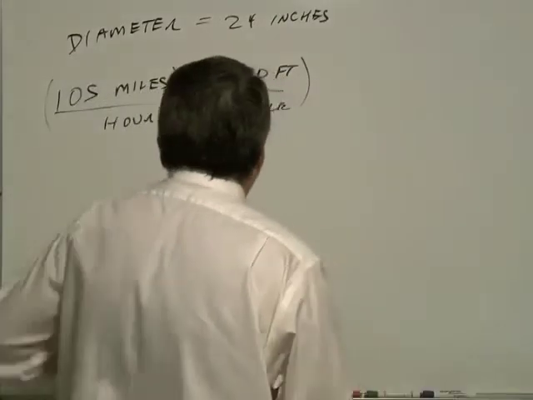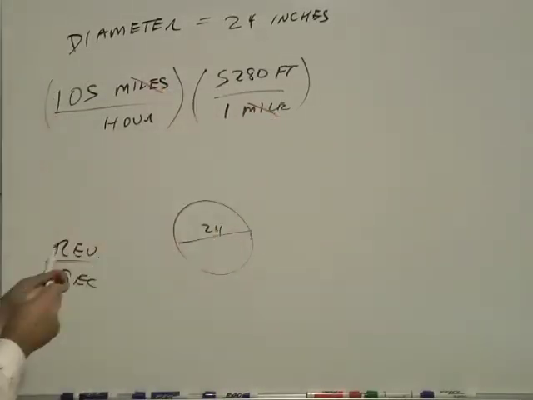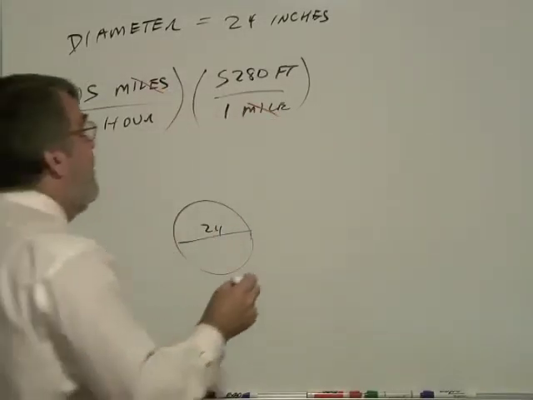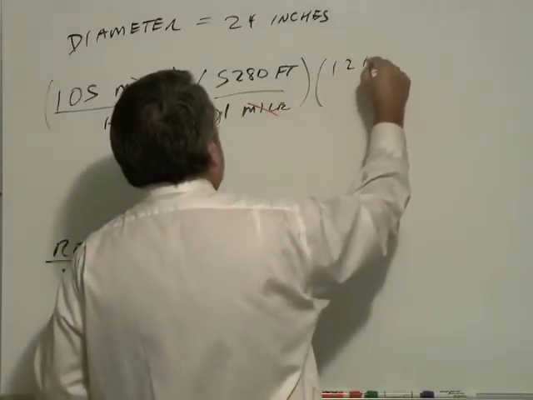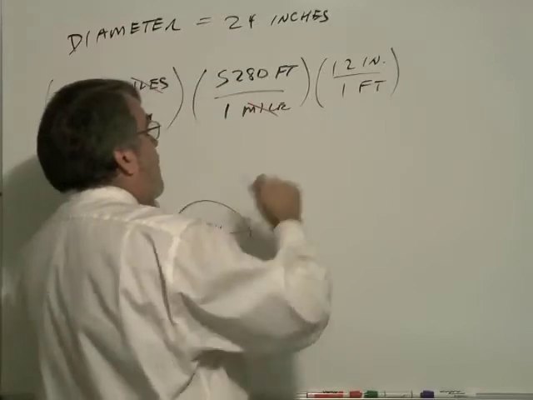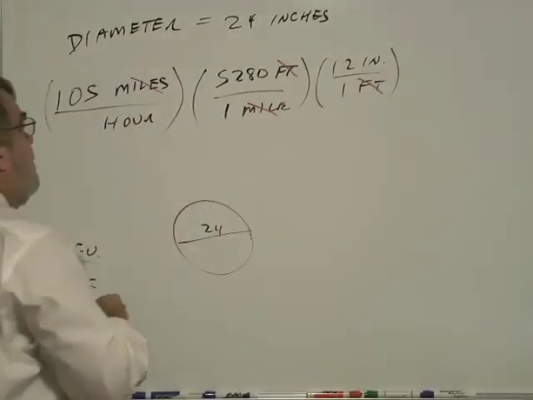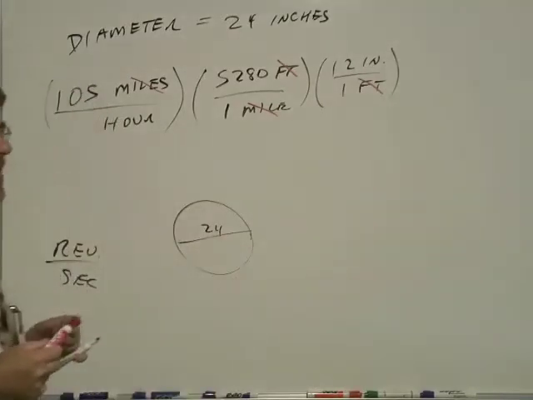So I now have feet per hour. Those cancel. And of course there are 12 inches in a foot, so 12 inches per foot. And now I'm going inches per hour in speed.